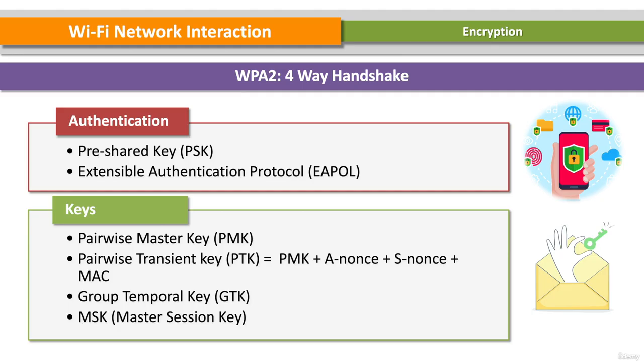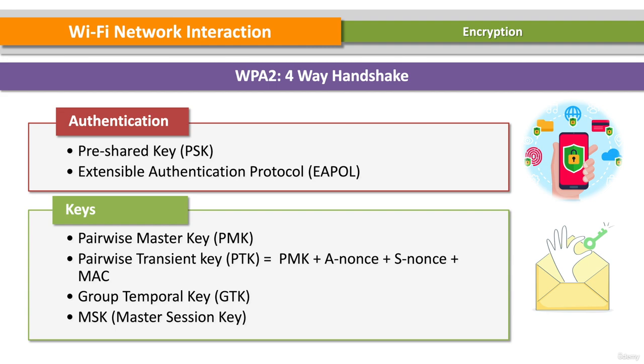So once the client has the PMK, it and the AP negotiate a new temporary key called the pairwise transient key, or PTK. So these temporary keys are created dynamically every time the client connects and is changed periodically.